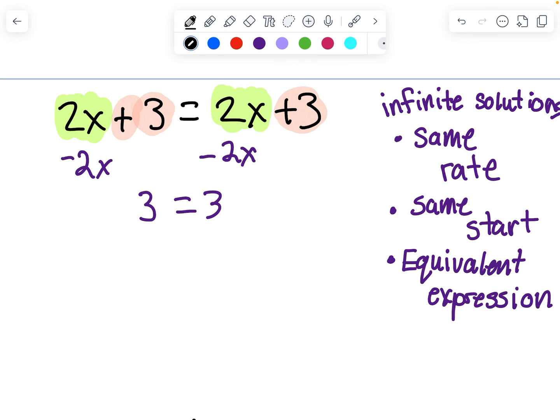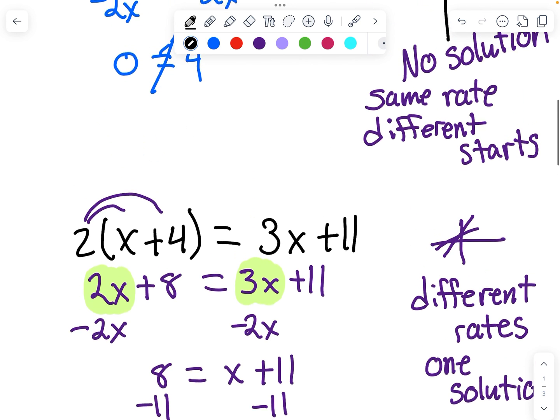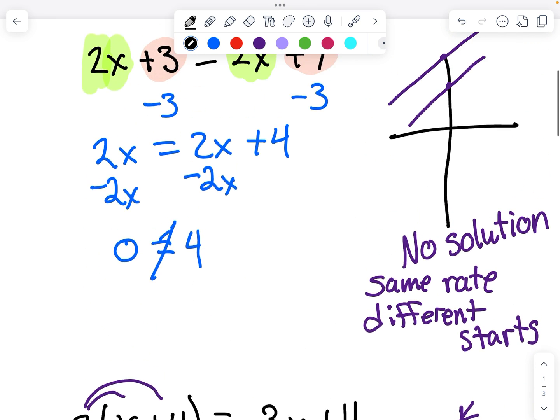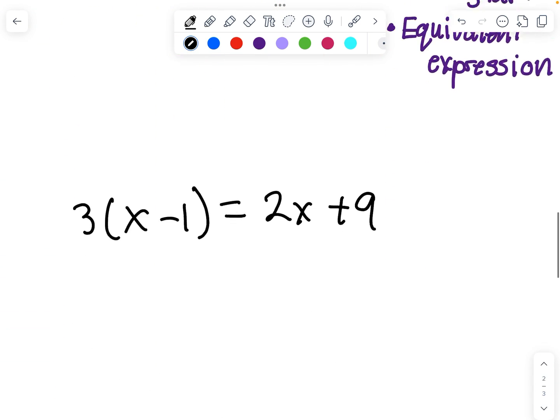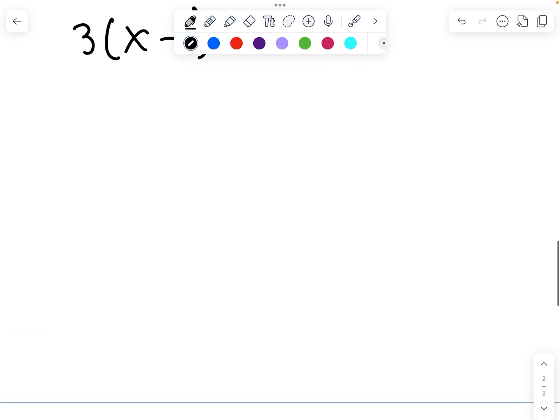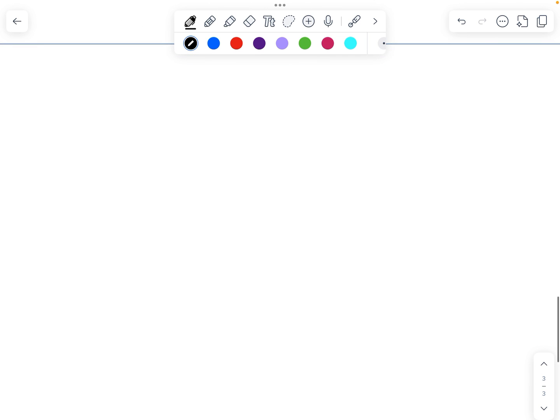The simplest way we can identify as we're going, especially if we have x's on both sides of the equation, is by looking at those rates and start values. So at least in general, if you start by comparing the rates, if they are the same, we have some different options.